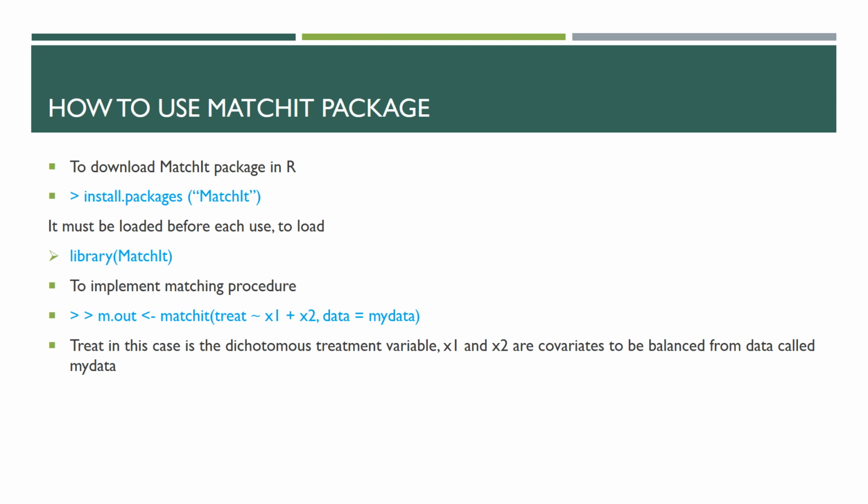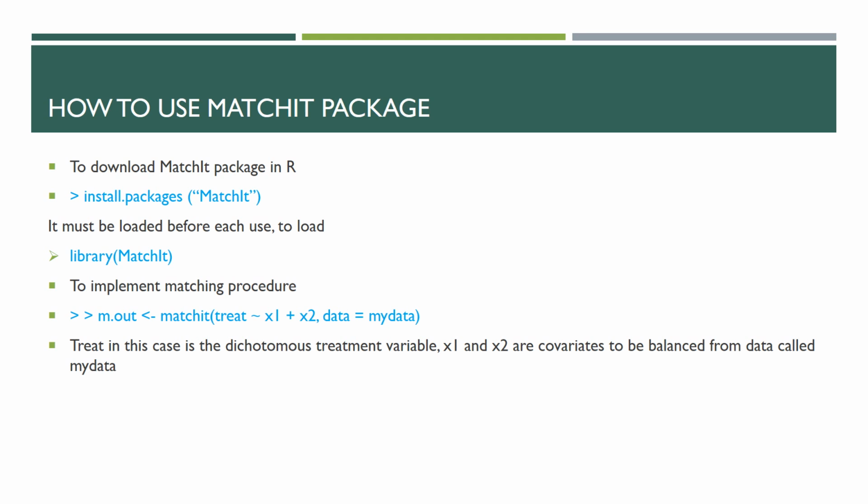These were just an overview of general commands as to how we can do propensity score matching using the MatchIt package in R. Obviously, as we discussed before, this package has multiple ways of doing the matching, and we are not going into the details of each and every step and how that works. But these commands are the basic commands.